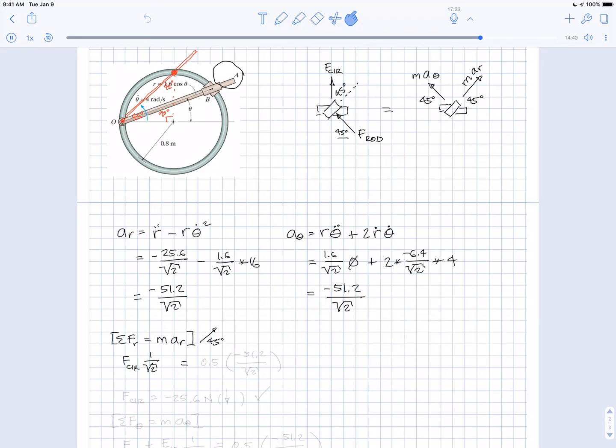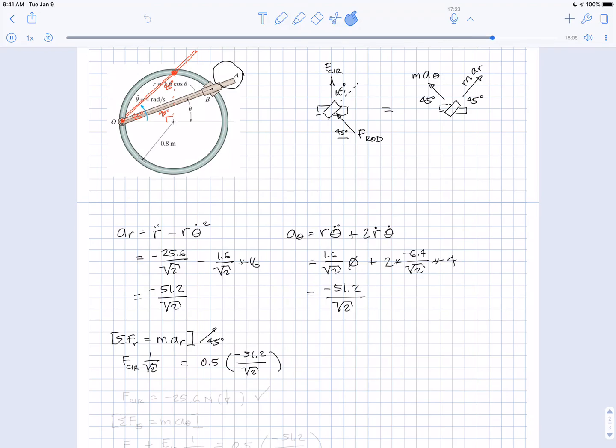And so that will equal the mass, which was 0.5 kilograms total, not 0.5 for each collar, making it 1 kilogram, times the radial acceleration, which was minus 51.2 over square root 2.